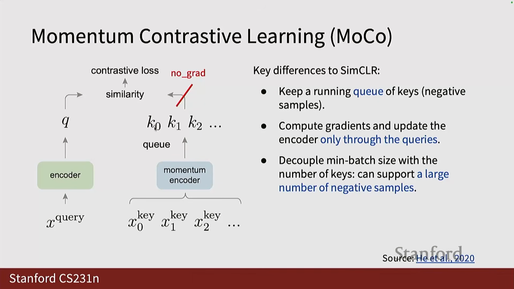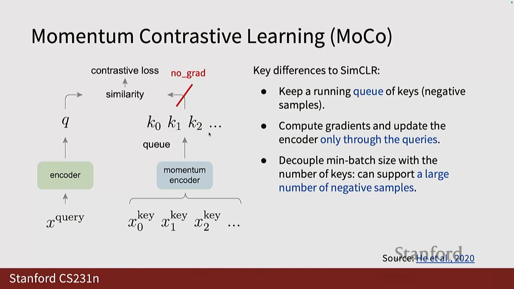So it doesn't only depend on the negative samples in the batch. It has a separate queue that keeps a number of negative samples and updates it over time to do the InfoNCE loss, the contrastive loss here.